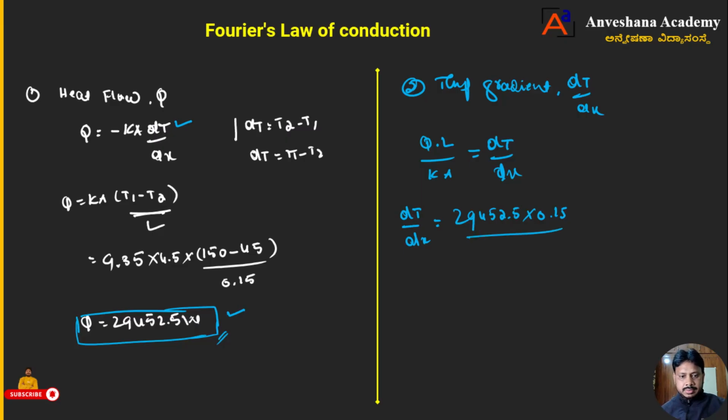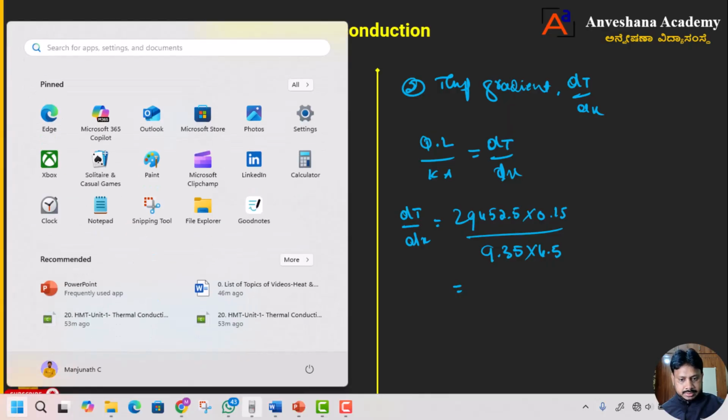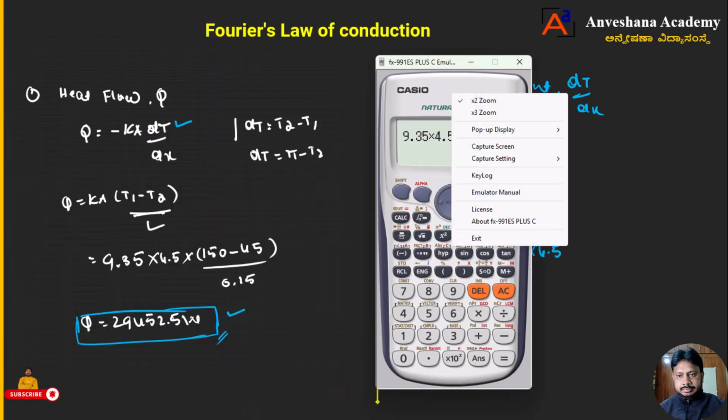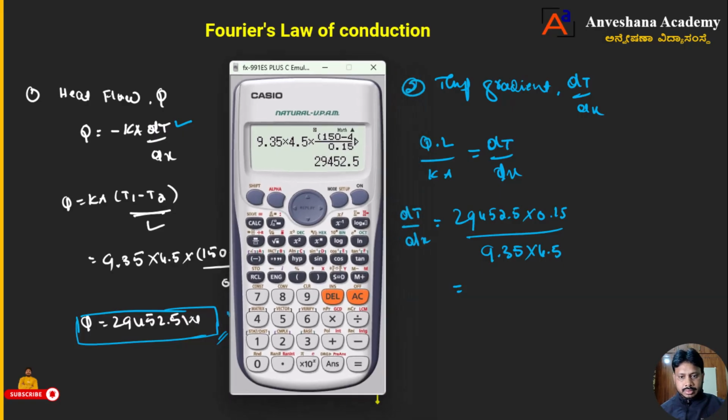K, how much has he given? He has given 9.35 multiplied with the area, which he has given as 4.5. Do the simplification and how much are you going to get? 29452.5 into 0.15 divided by 9.35 into 4.5.